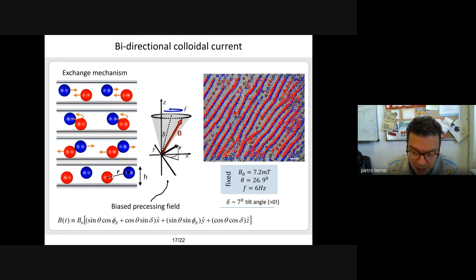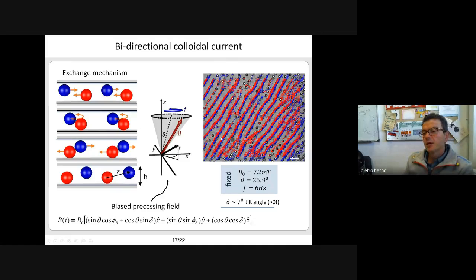This bias is a bit accidental, but it can be reproduced by simulation. If we do not place this bias into the system, we don't see the current. We need a small tilt, which we call delta here, that we include in the precessing field to create a preferred direction. If we create this preferred direction, as you can see from the trajectories of the particles, blue particles going downward and red ones upward, we get this very nice current.